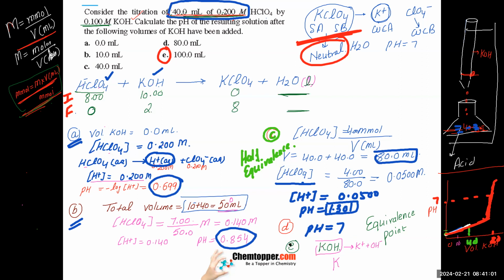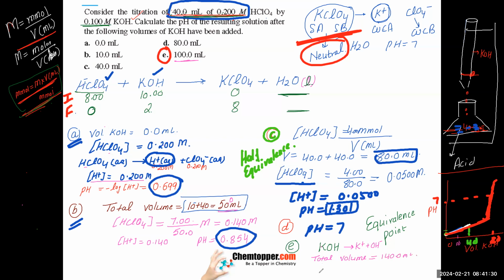To know the pH, I need to know the concentration of OH minus. To know the concentration, I should know the total volume. What's the total volume, children? Total volume is 100 plus 40, so 140 ml.